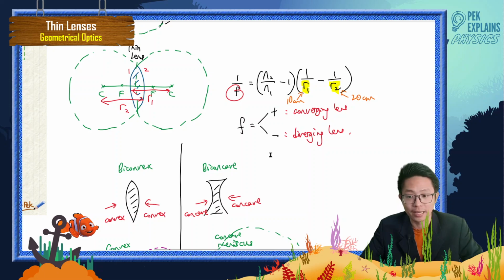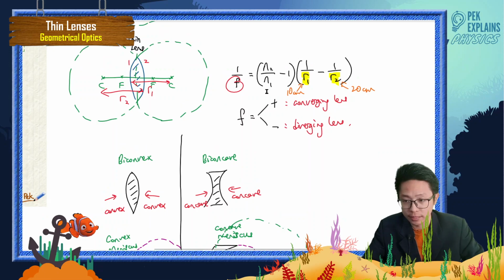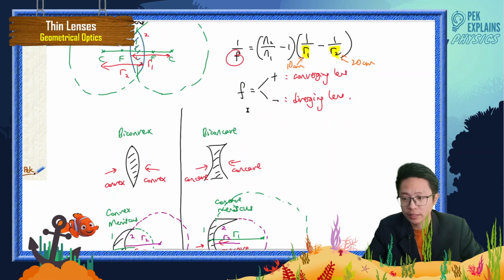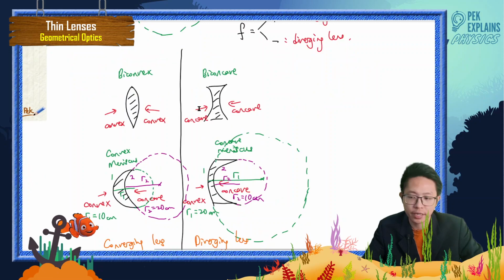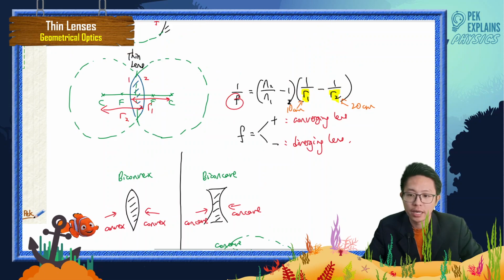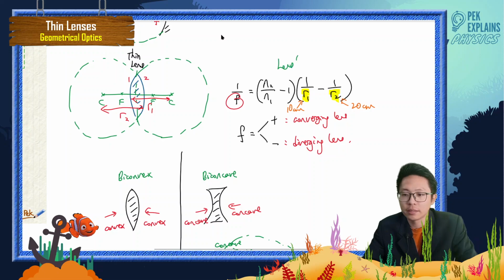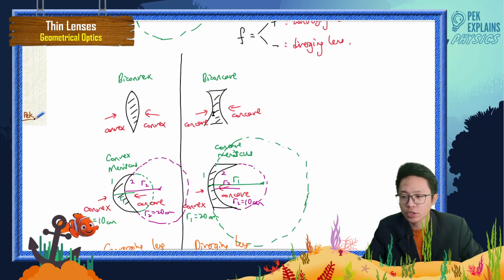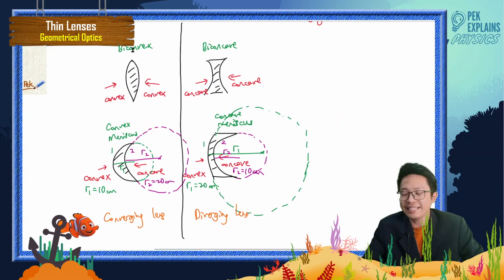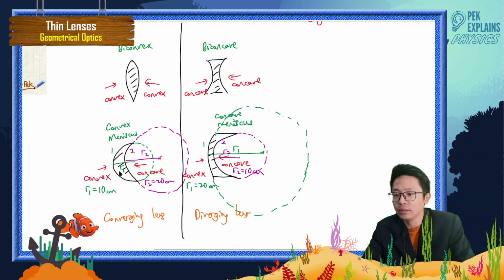And after I use this formula to calculate the focal length for each of these lenses, biconvex, biconcave, convex meniscus, concave meniscus, this is what we call the lens maker equation. For biconvex and convex meniscus, I can guarantee you, I will get F as a positive value.